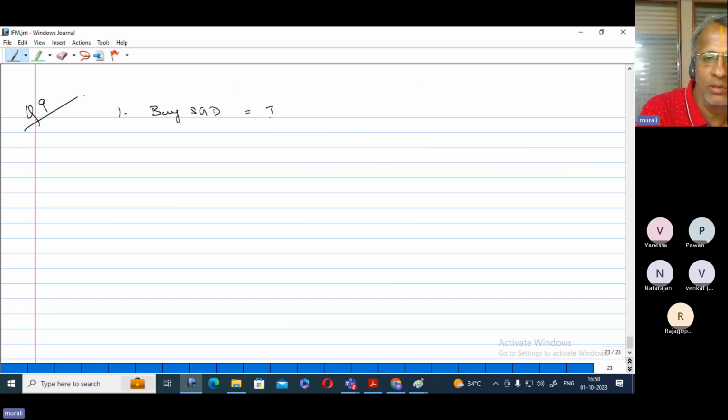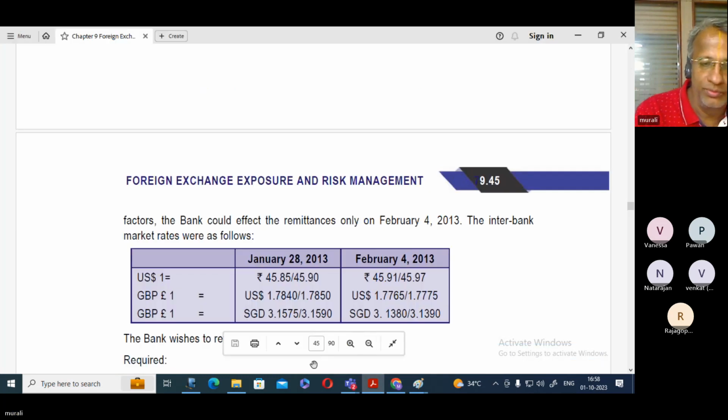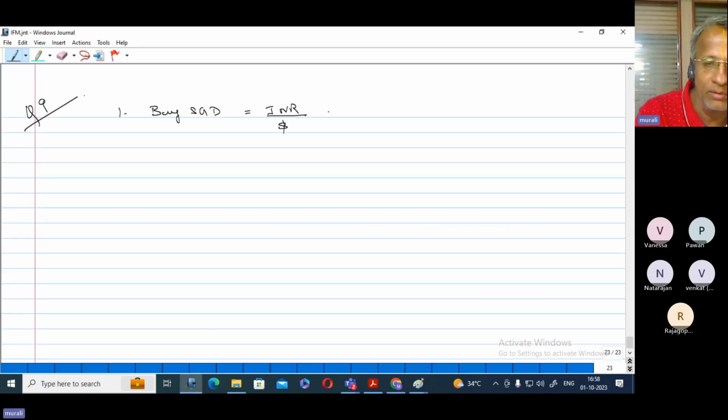Buy Singapore dollar where it is INR to dollar, dollar to pound shilling, pound shilling to SGD. Correct?